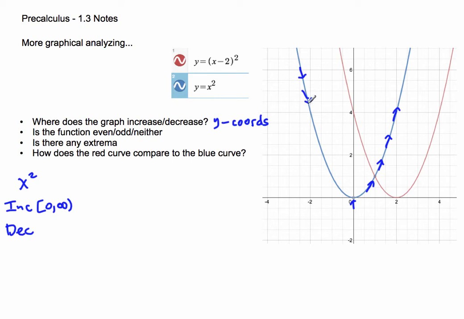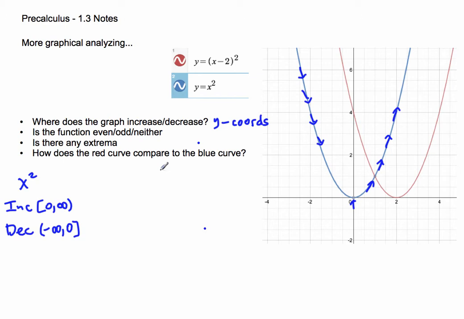And if you'll look, the y values are falling to the left side of that vertex. So this is the parent function here, and we would say that it decreases from negative infinity to 0. And again, I would include 0. Some people don't. And infinity is never included in brackets because infinity is an idea, not a specific number.